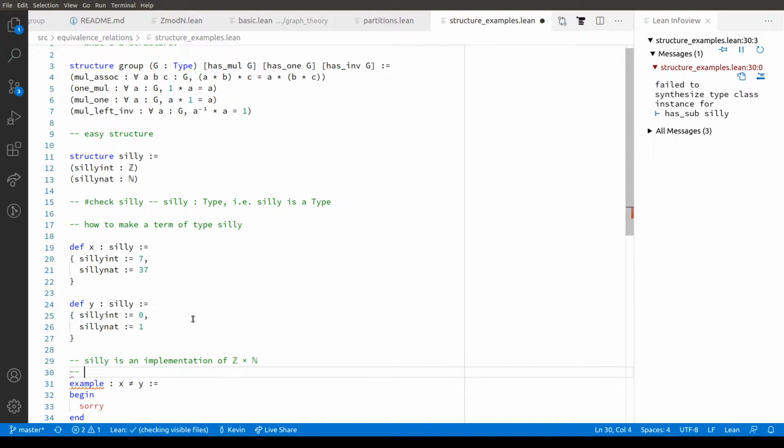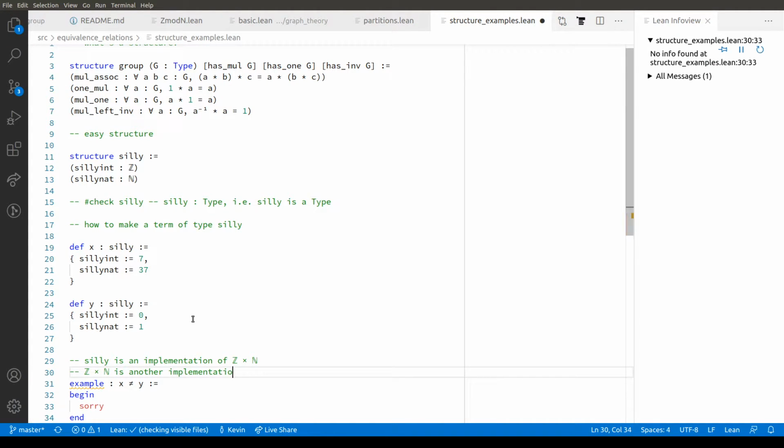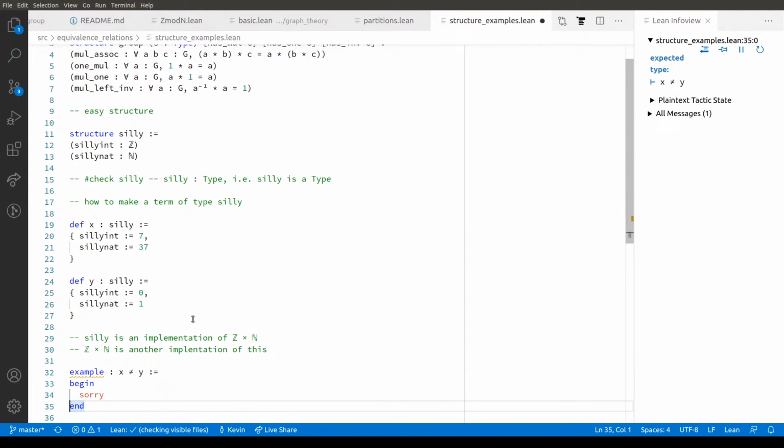But Z cross nat is another implementation of this. So let's get back to that in a second. Let me see if we can prove that x isn't equal to y.